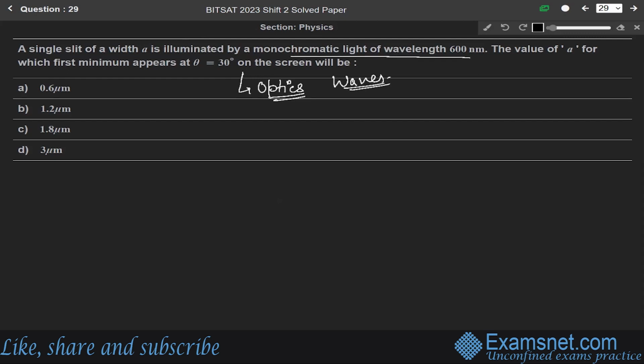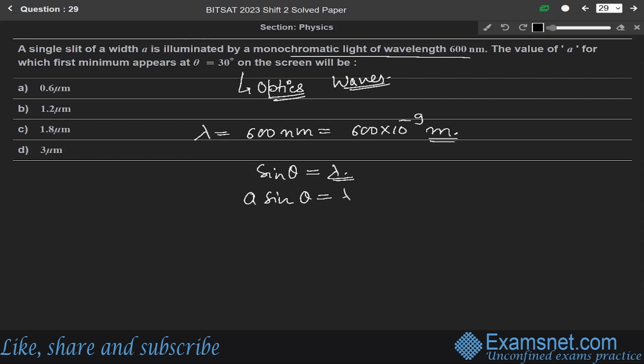So wavelength of the monochromatic light is given as 600 nanometer. 600 nanometer means 600 into 10 to the power minus 9 meter. Okay, so at first minima, A sine theta is equal to lambda. And theta is given as 30 degree.